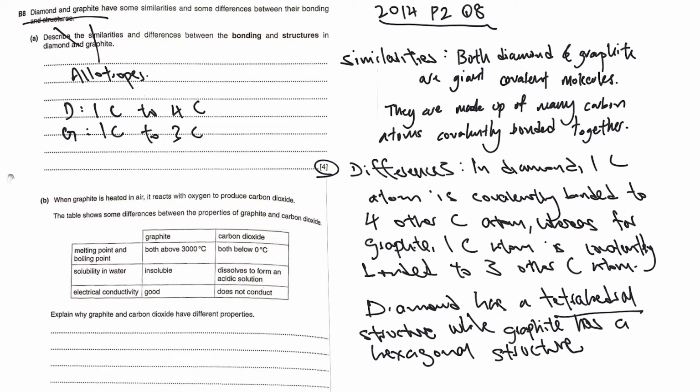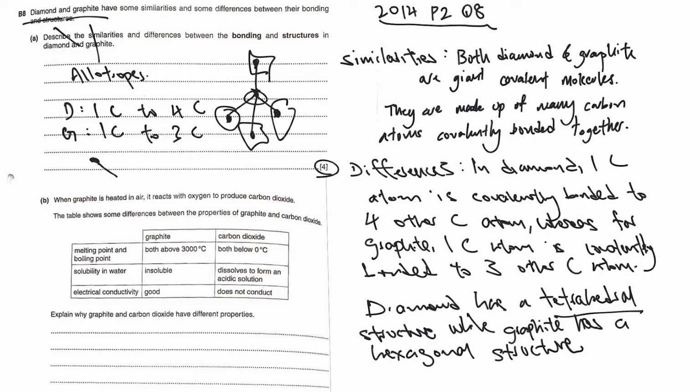So if you remember, diamond looks something like that. Okay, you have one carbon atom in the middle bonded to 1, 2, 3, 4 other carbon atoms, right? So this is how diamond looks like.